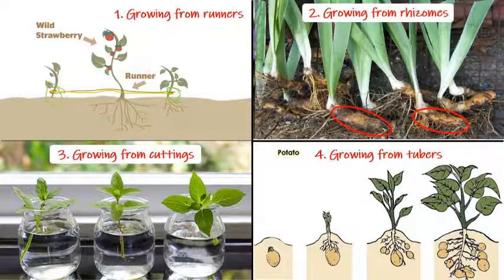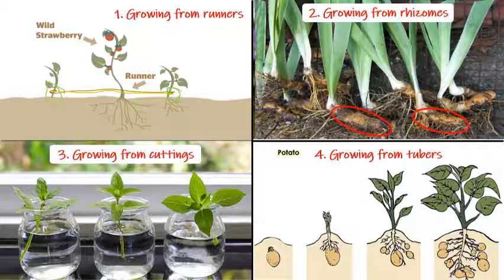Growing from runners, in this case, the above ground stems, which are the runners, grow horizontally and produce new plants on the nodes. Second, growing from rhizomes. Rhizomes are underground stems that grow near the soil and grow into new plants. Here we took the example of the iris plant.